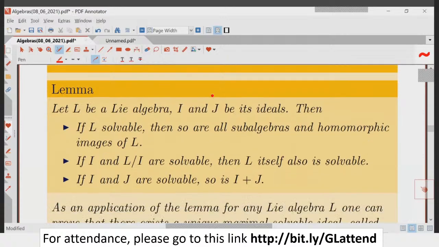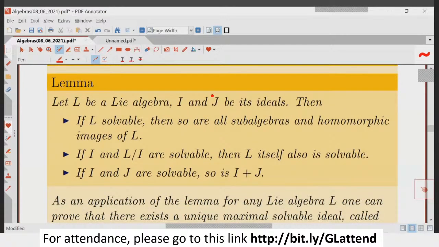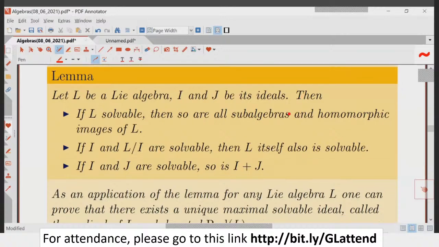Okay, now this is a lemma here. Let me discuss this lemma. Maybe it will be the last thing I'm going to say today.